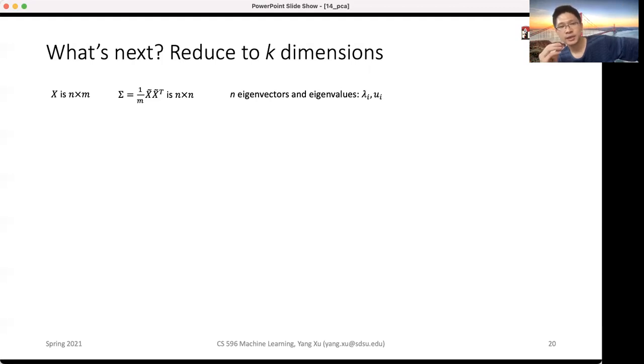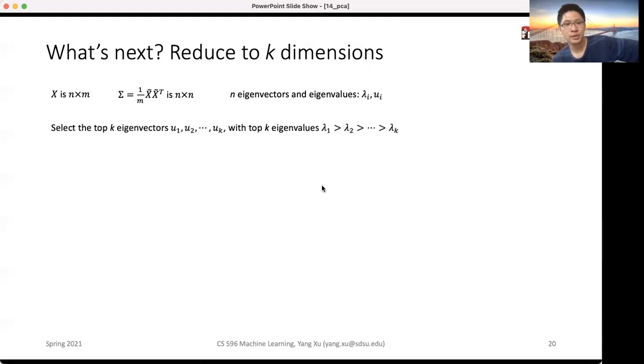So we can selectively choose k dimensions. We can choose to keep k eigenvectors, from u1 to uk, with the top k eigenvalues. Of course, we want to keep those eigenvectors that have larger eigenvalues, because they account for larger variance in the data, right?